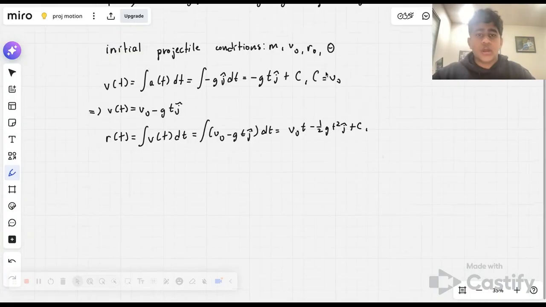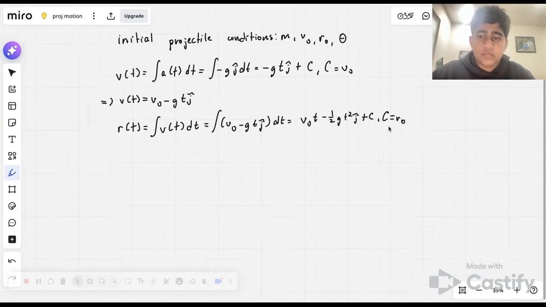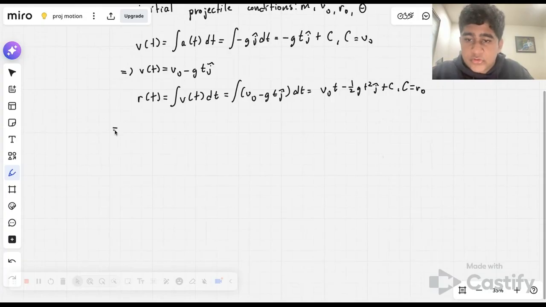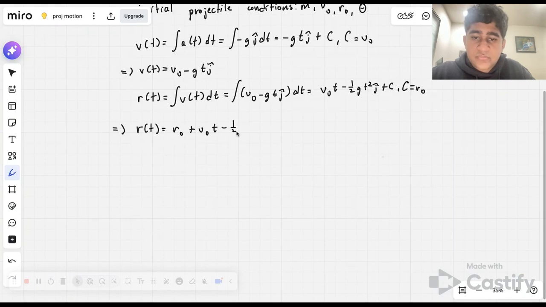And like I said earlier, our initial condition for position is r0. So we can say c is equal to r0 this time, and then we get our characteristic equation as r of t is equal to r0 plus v0 t minus half gt squared.